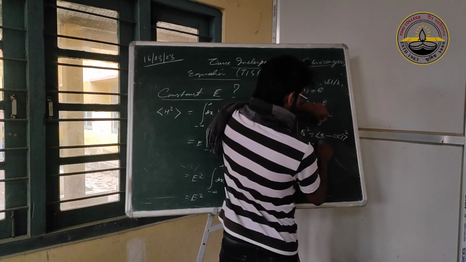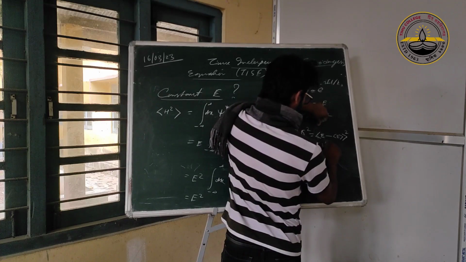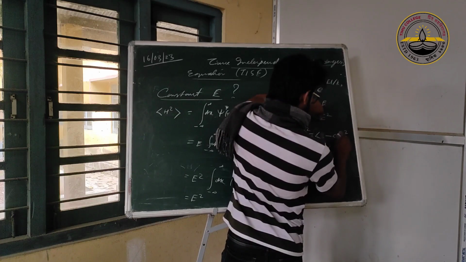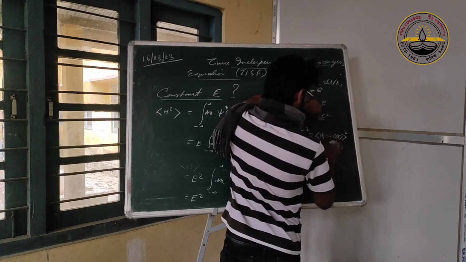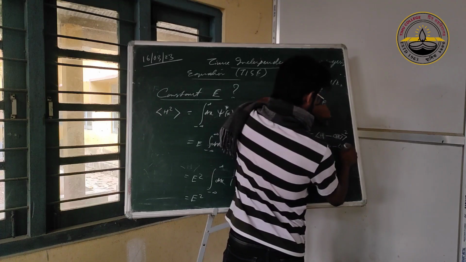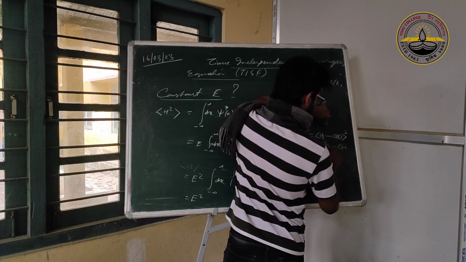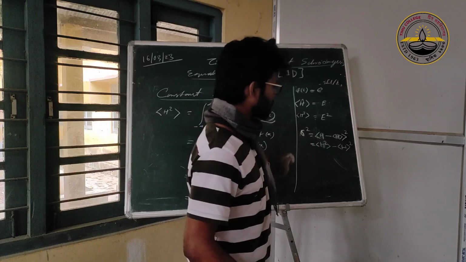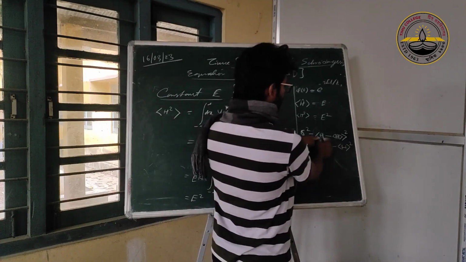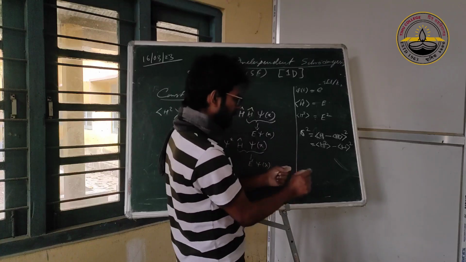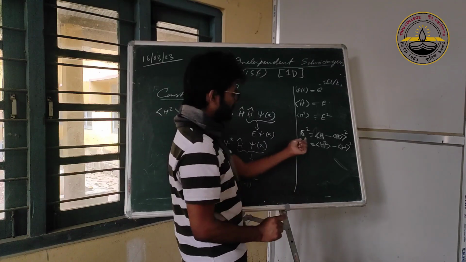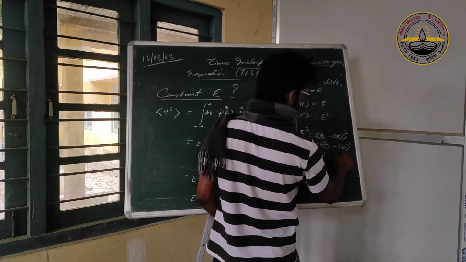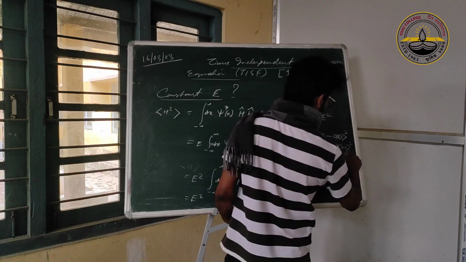Which becomes the expectation value of H square minus the square of the expectation value. Originally this is the definition: how much each value deviates from the mean value. That's the measure of the variance. And you see that this is E square, and this is E square too.